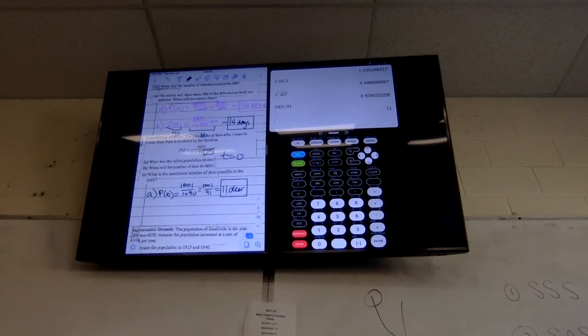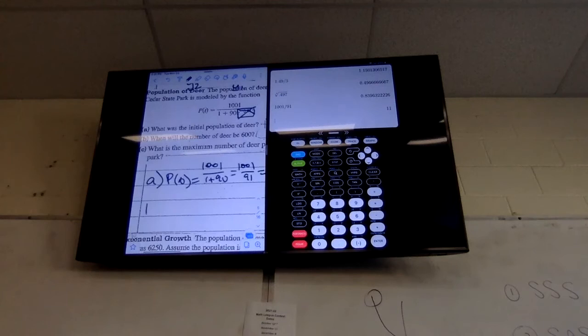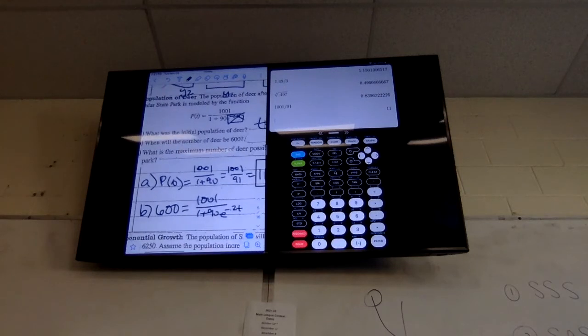The next part says, when will the number of deer be 600? Where does 600 go? P of t. Good. So that's my equals. So I'm going to say 600 equals, and I'm going to write the whole equation. And this is just like on the last problem where now we have to go to the calculator and graph it.